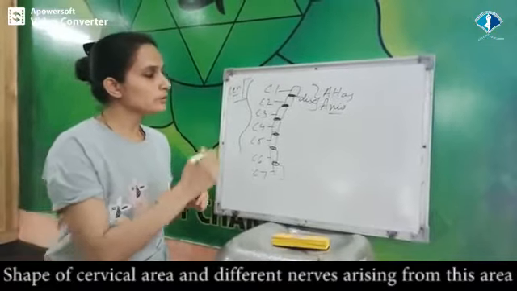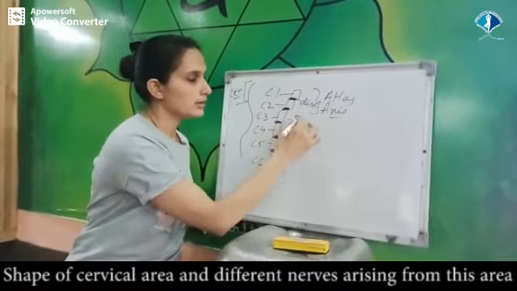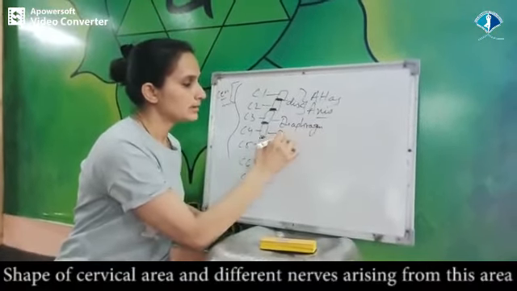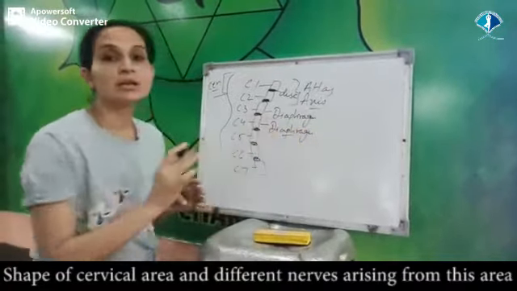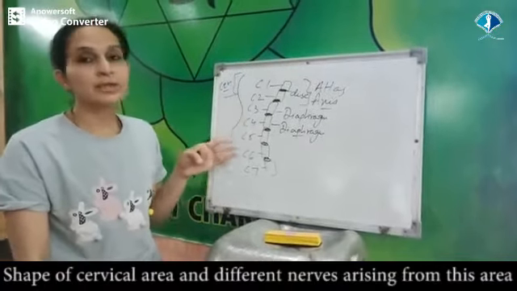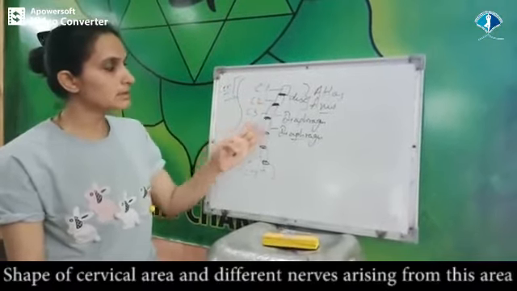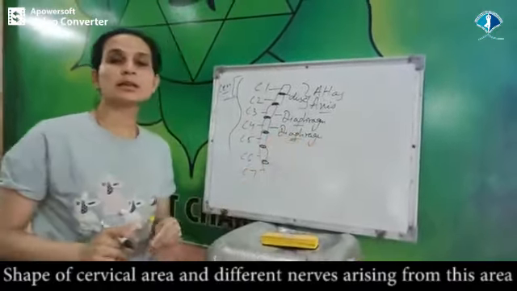Now if you talk about C3 and C4, they basically stimulate, now how do we stimulate these areas? Different nerves arise from this area. We call them spinal nerves. So the C3 and C4 nerves, when they arise from here, stimulate our diaphragm muscle.